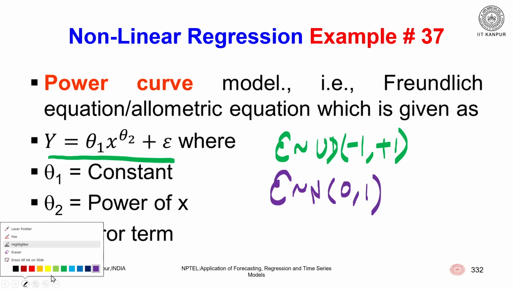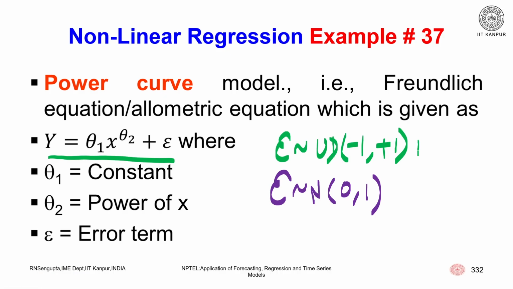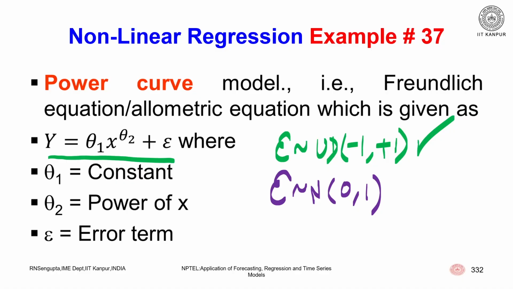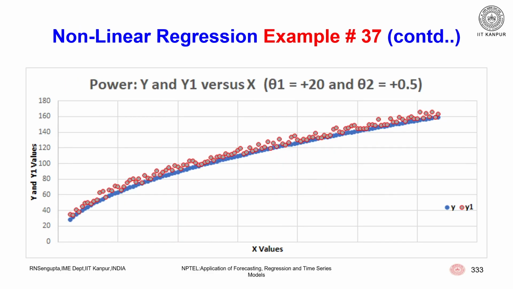For our discussion we are going to consider this error as uniform discrete -1 to +1. It can also be taken as -2 to +2, considering the variability can be increased, or from -3 to +3 or -4 to +4. So, the mean value remains 0, but the variability would increase depending on what you think the data and its fluctuations are. Theta 1 is the constant, theta 2 is the power of x, and epsilon is the error term.